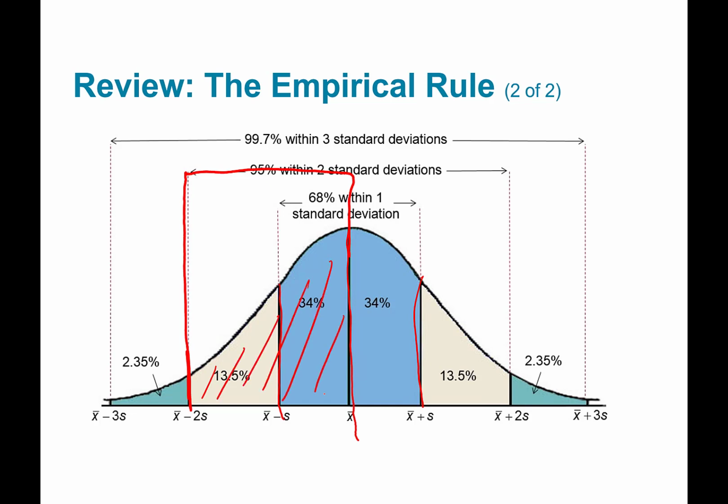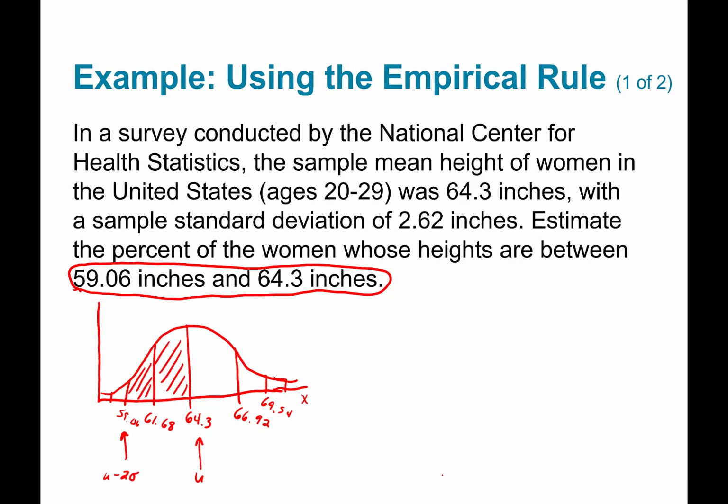So if we want to find that area, we have a couple different ways. You can do the 13.5% plus the 34% to get our 47.5%. Or you can just take the 95%, that's within 2 standard deviations, and divide it by 2 since we're only concerned with that lower half.